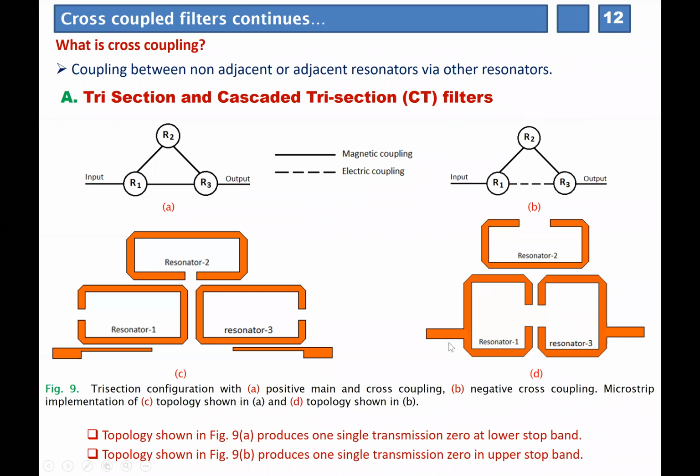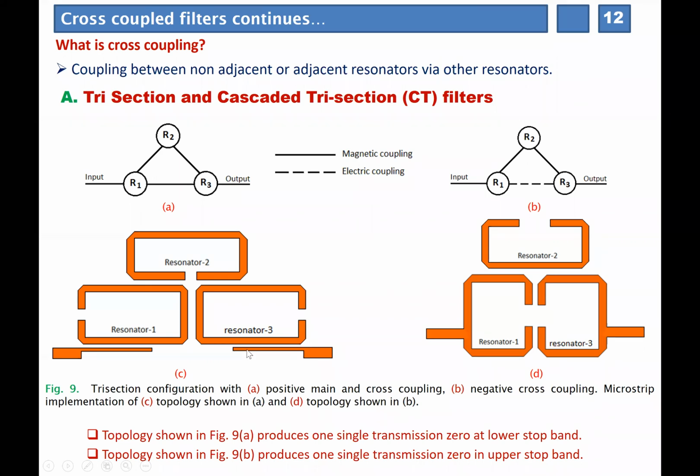Figure 9D is called tap feeding. That means the 50 ohm line is directly connected to the resonator. Yes, that is a type of feeding, and in figure 9C, that is also a type of feeding. Here in 9D, you can control the external quality factor by the distance from the open end, or you can take the distance from the mid plane also.